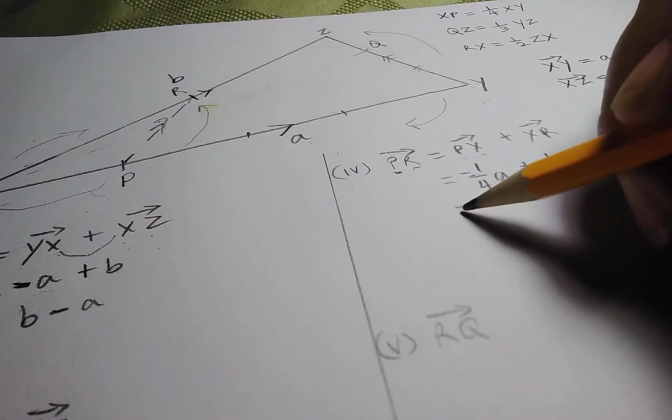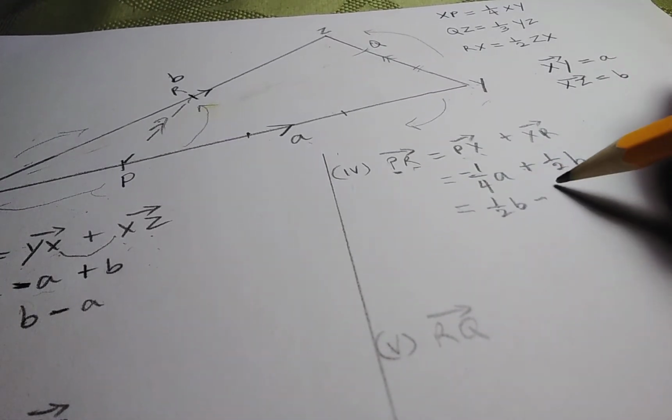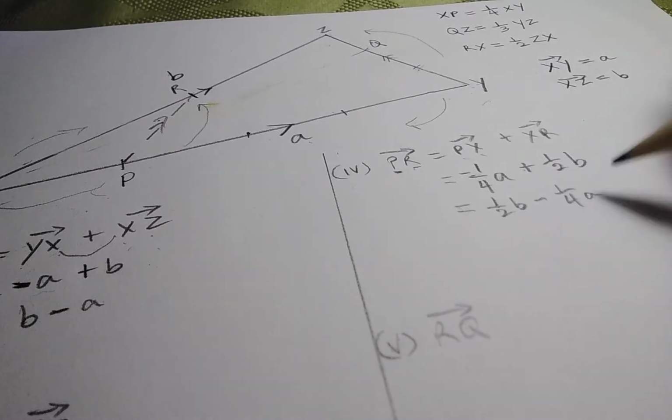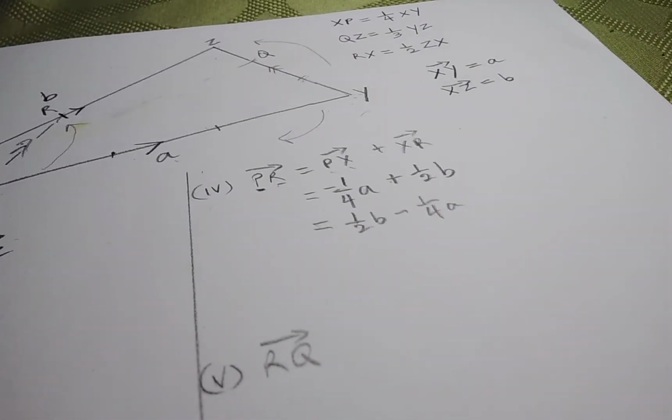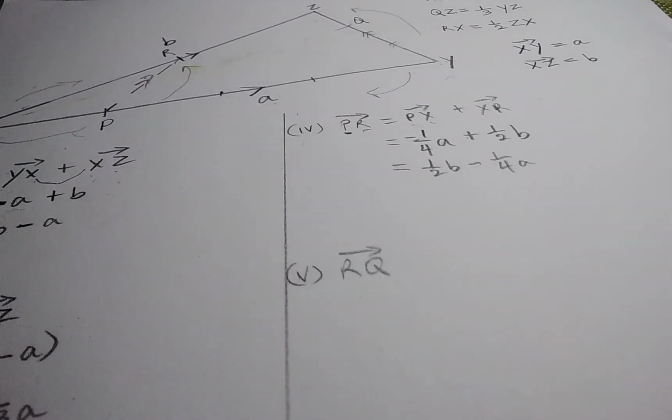So I'm going to put the positive in front, so I'm going to put half B minus a quarter A. Easy cheesy.